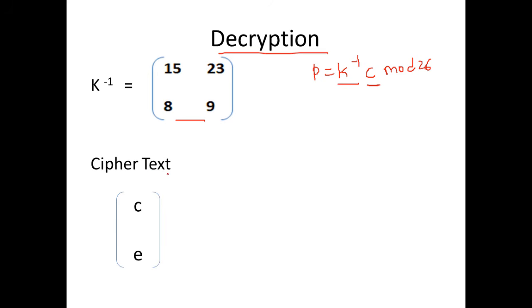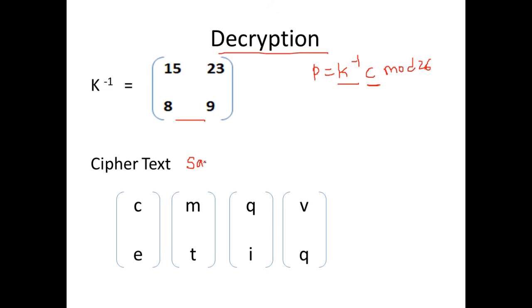We have achieved the ciphertext right from our encryption. You remember CEMTQIVQ. This ciphertext was achieved by encrypting the plain text Satish A.